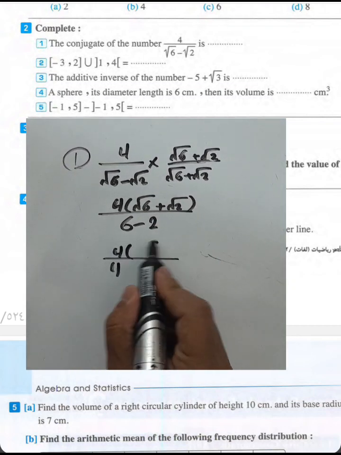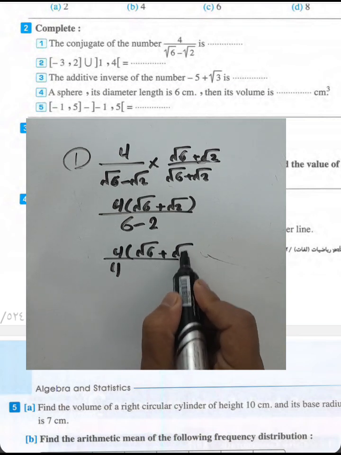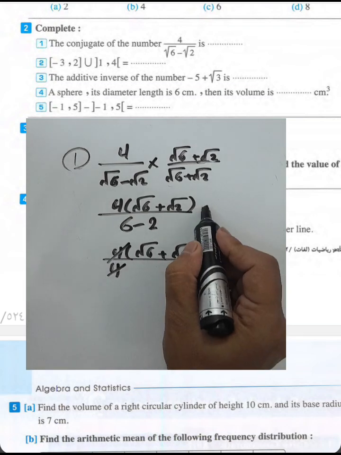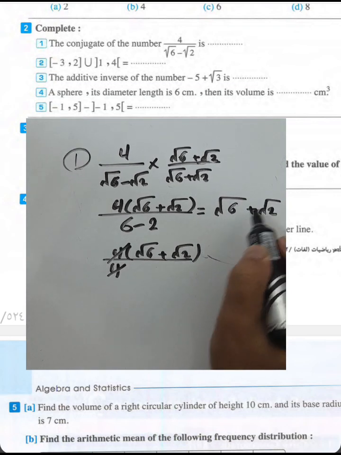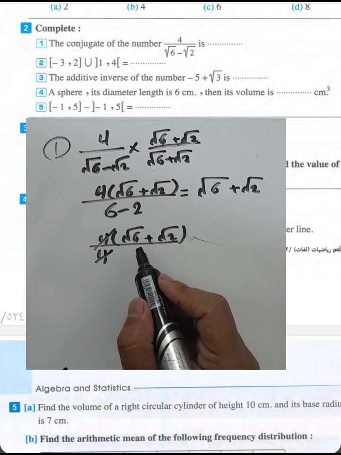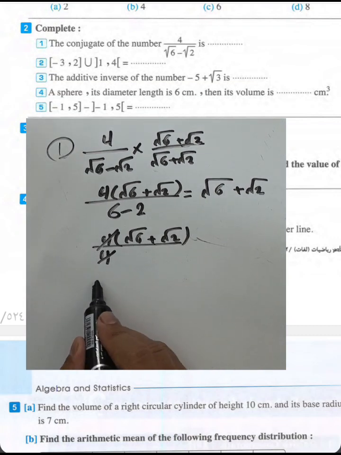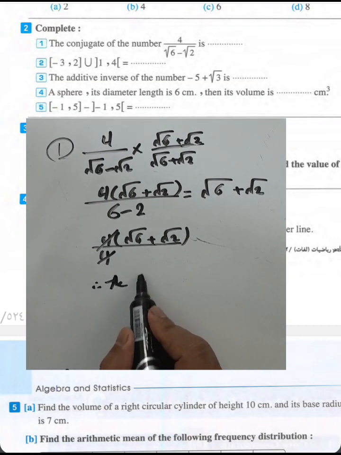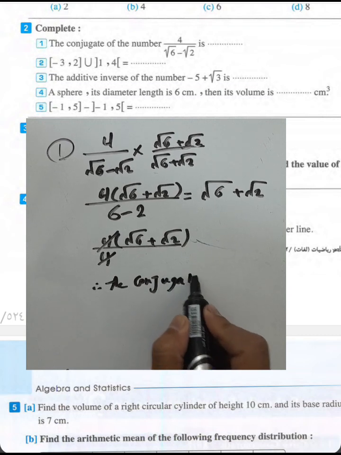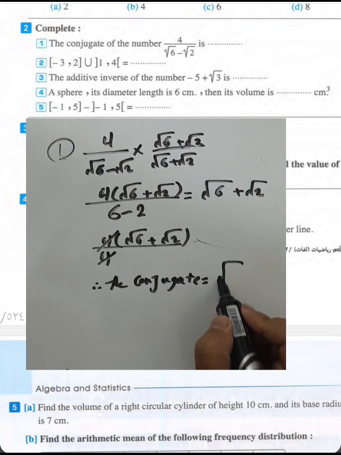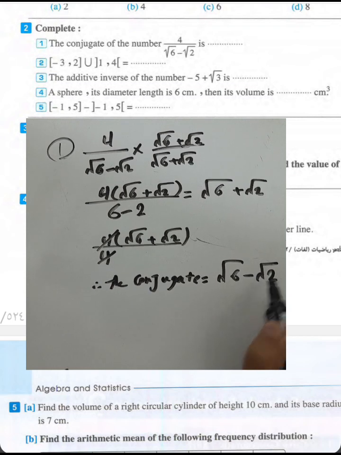And 4 here, root 6 plus root 2, cancel 4 by 4, then the simplest form will be root 6 plus root 2. Then you want to find the conjugate of this number, then the conjugate will be equal to root 6 minus root 2.